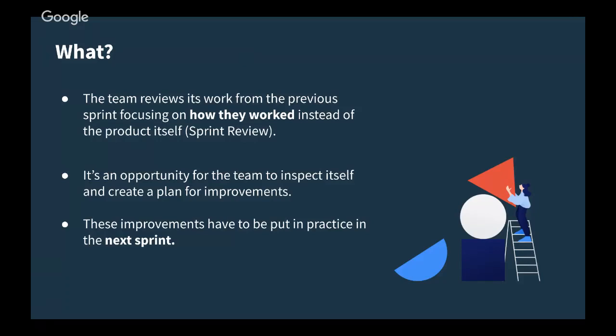Here we don't check the product or what we have delivered, but we focus on the process. So what we want to do here is to come out with a plan for improvements, and those improvements should be implemented, or at least the first stage, in the next sprint, and we're going to talk about that in a little while.